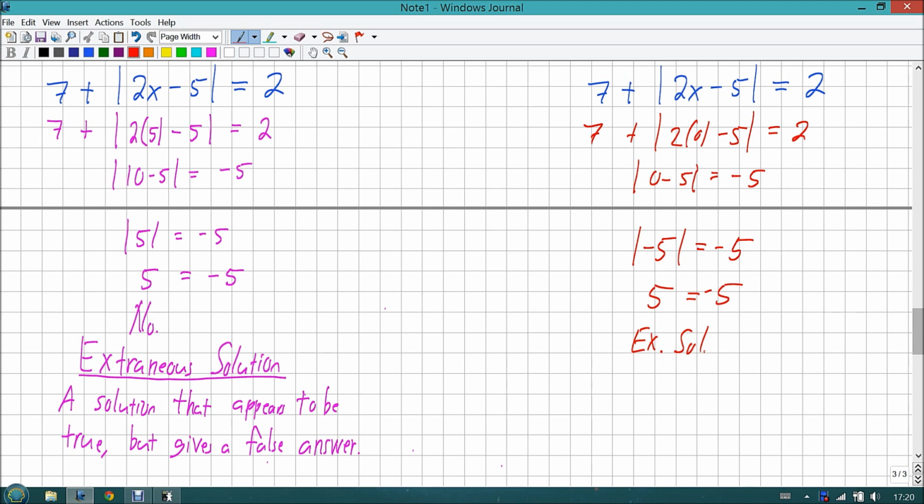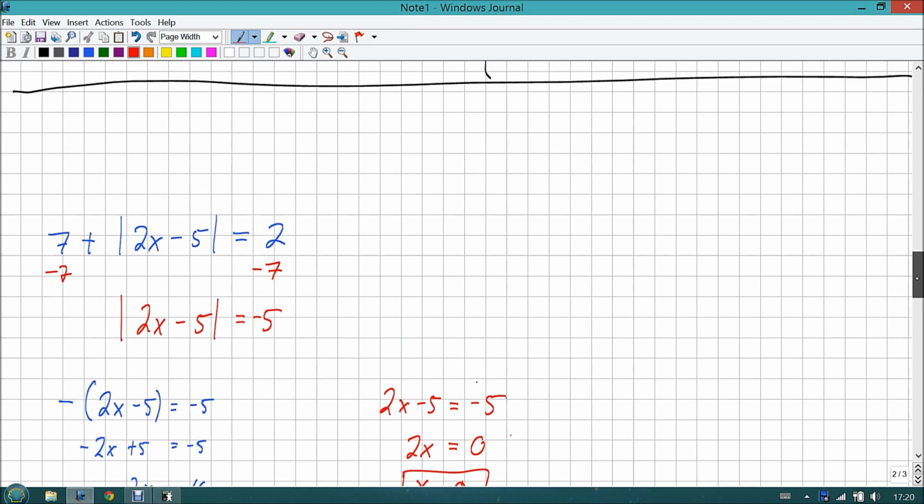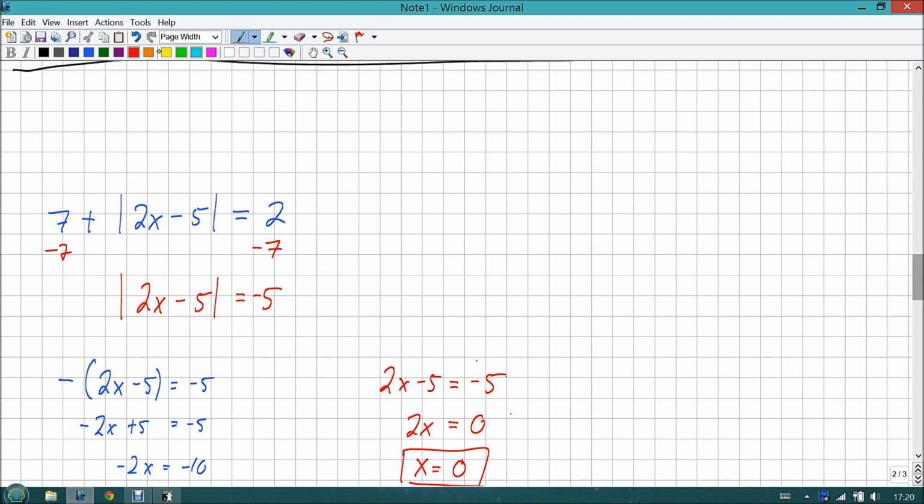Why are we getting extraneous solutions? Why is it that when we plug these numbers in, they don't work? Well, it goes back to the definition. At this point right here, we should have stopped and said no solution, or all solutions are extraneous. Why? Well, remember, the absolute value of a number is how far that number is from 0.